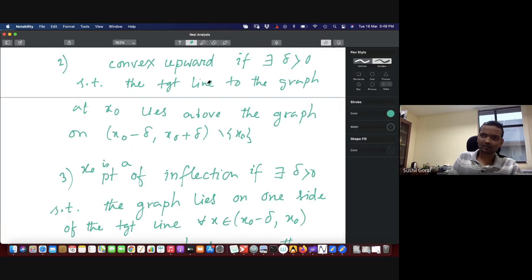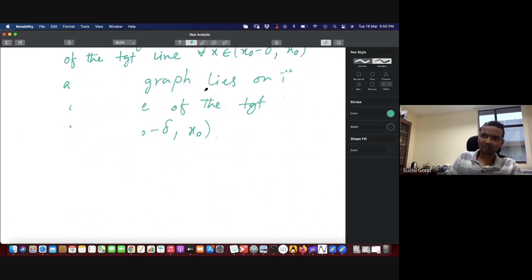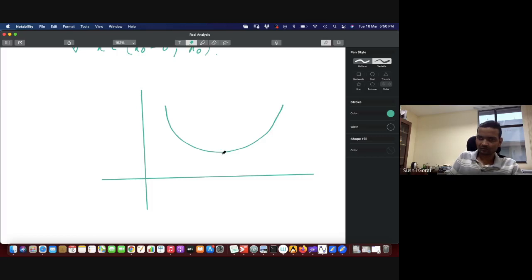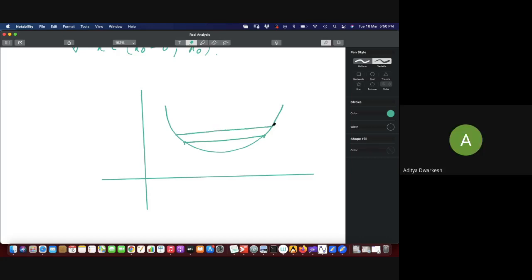So the graph lies, so this picture, like y equal to x square. Sir, one thing, are these three possibilities exhaustive?